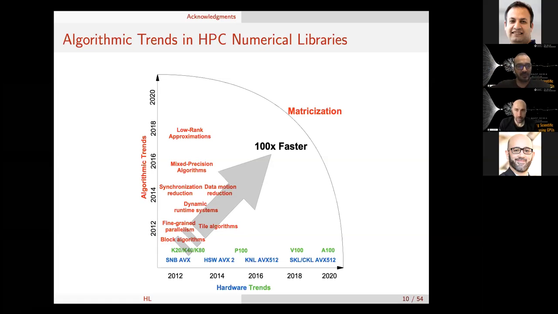But going back to your question, there is some work that I'm aware of from Jim Demmel's group at Berkeley Lab, where they try to help application developers identify in their algorithm where lowering precision could have a performance impact while still maintaining accuracy.